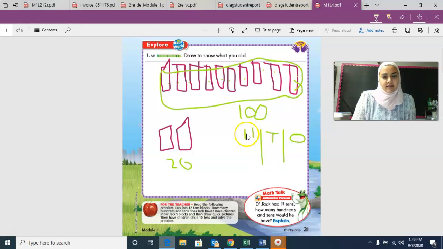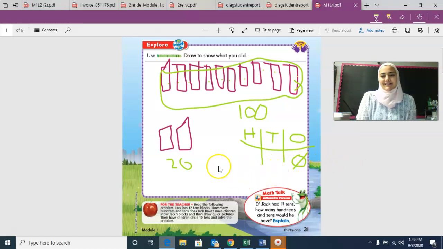The O stands for ones, the T stands for tens, and the H stands for hundreds. How many ones do we have in this picture? We have 0 ones, so we're going to write 0. Whenever I write the number 0, just to know that it's not an O, I draw a line through it. So then you know that's a 0. It's not an O. Okay, so there's 0 ones.